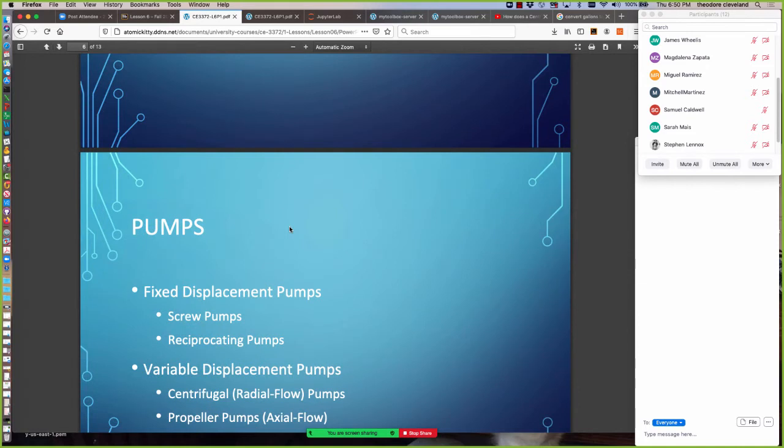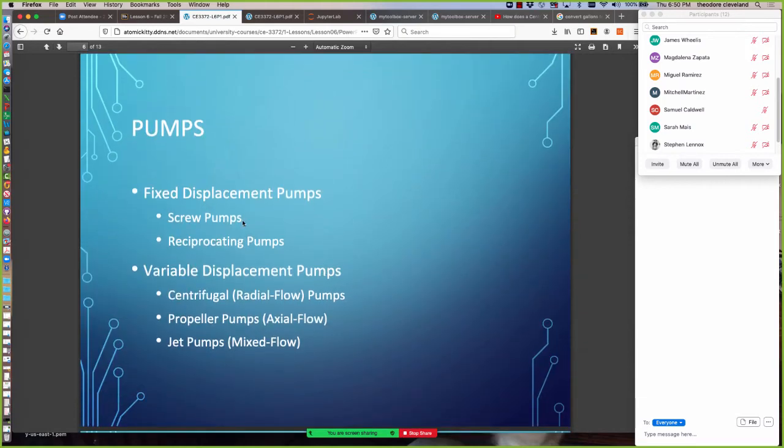In terms of positive displacement pumps, we'll look at a couple of them. The ones you're likely to be familiar with are screw pumps or Archimedes pumps and reciprocating pumps. And then we'll look at a video of something called a folding impeller pump, which is another type of fixed displacement pump.